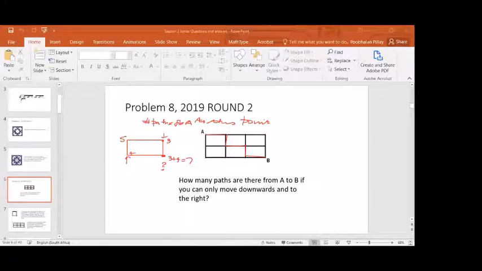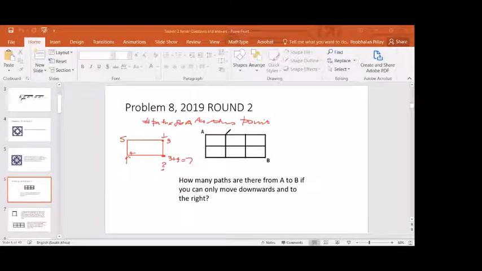So bearing that in mind, we can apply that principle to this problem, okay? And I'm going to see whether I can place numbers at each node, or each intersection point. These numbers will have to be the number of paths from A to this point.